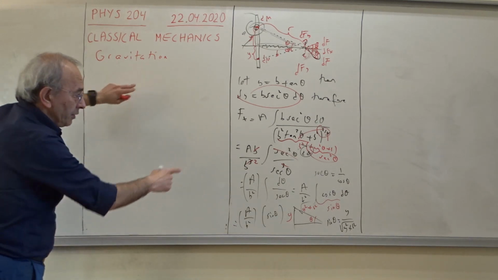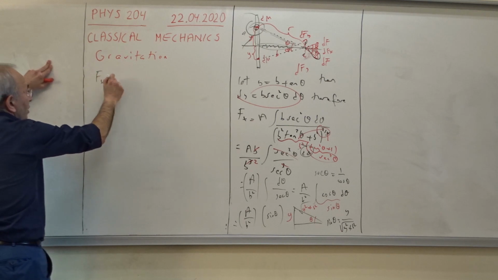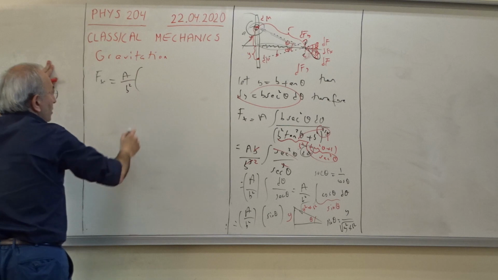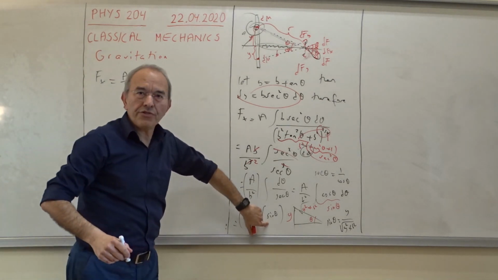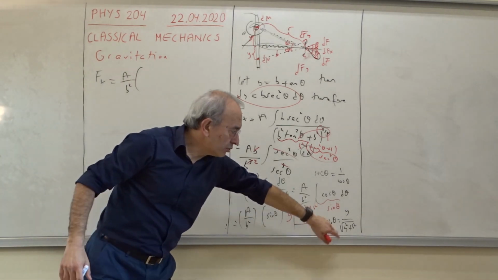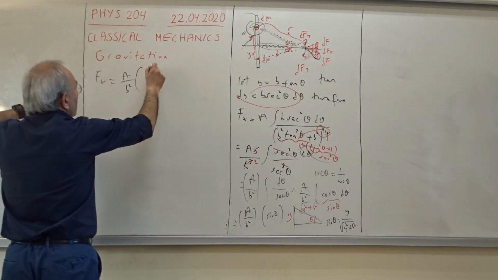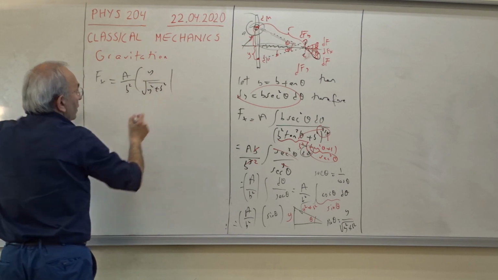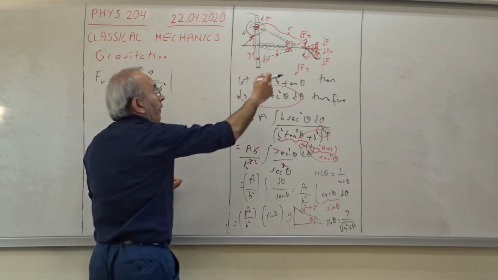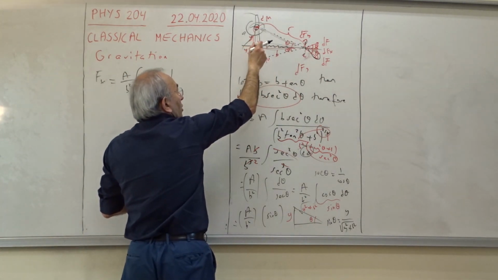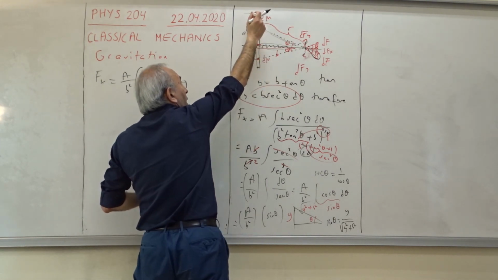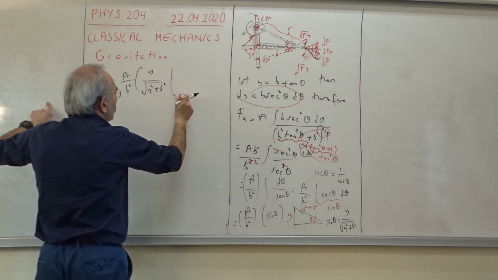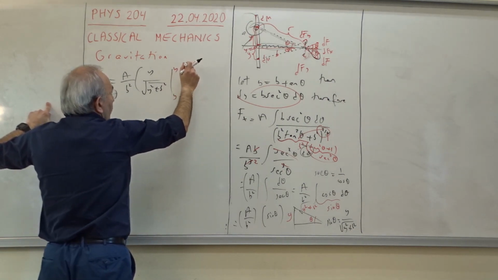Let's continue to the final step. Then what happens here? We have f in the x direction is a over b squared multiplied by, we don't write sine theta now anymore, we use the right hand side. It is y over the square root of y squared plus b squared, and the limits are y equal to 0, the midpoint, up to y equal to a.